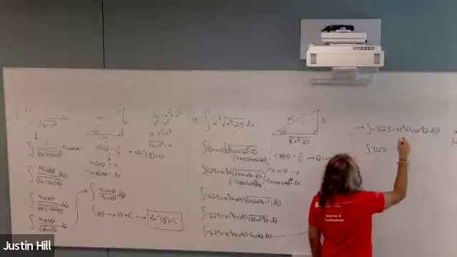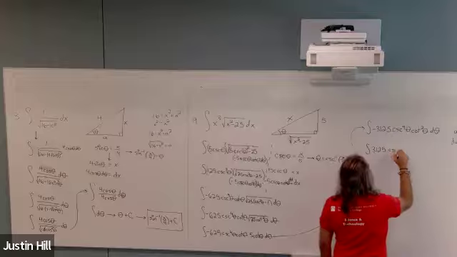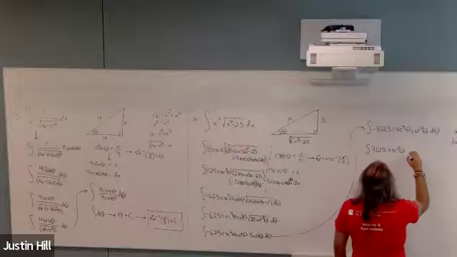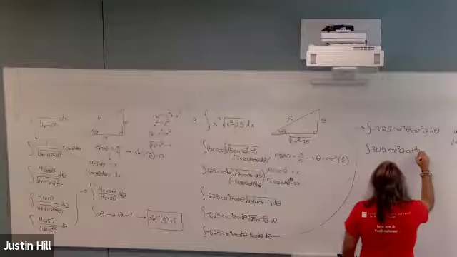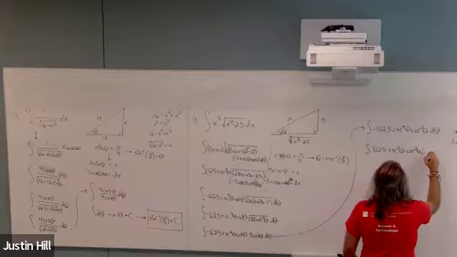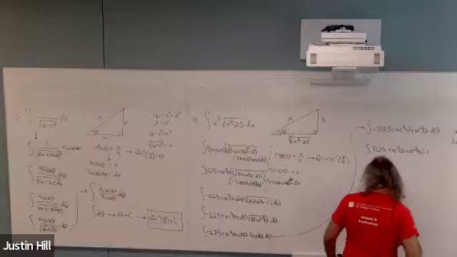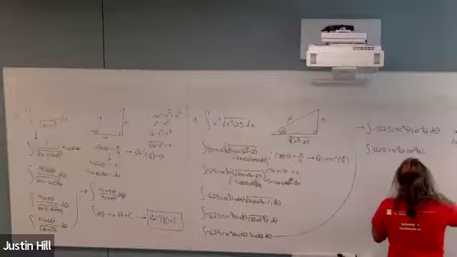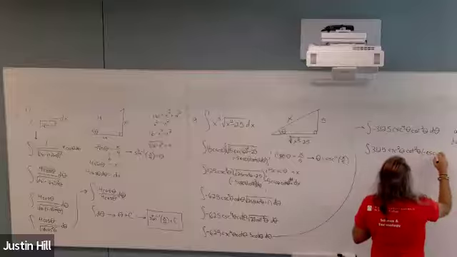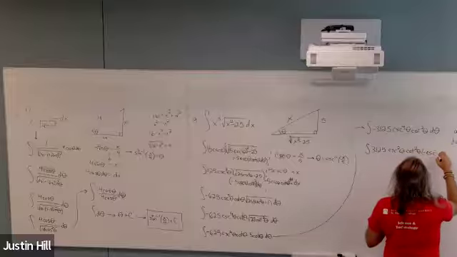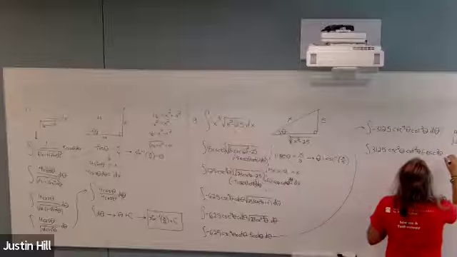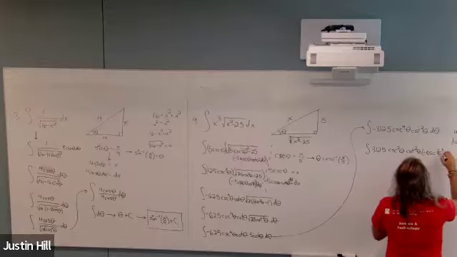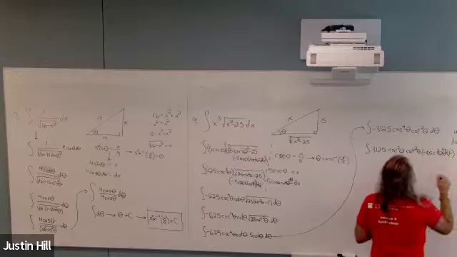Factoring out the cosecant squared leaves me with cosecant squared theta, tangent squared theta, and negative secant squared theta with a d theta. I'll just put that on there.